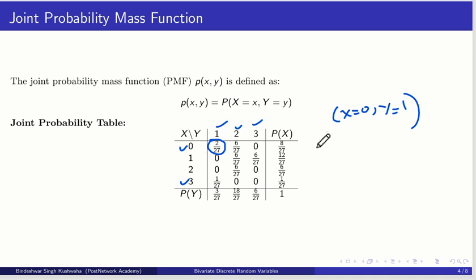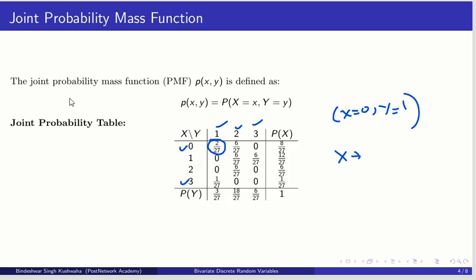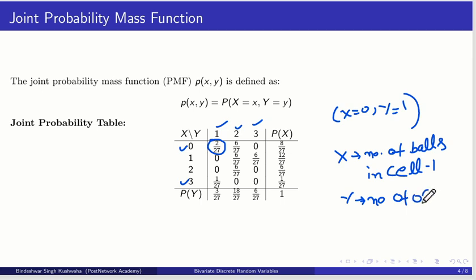Recall that X is the number of balls in cell 1 and Y is the number of occupied cells.